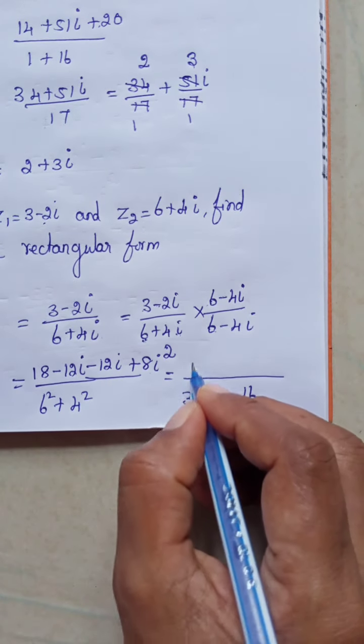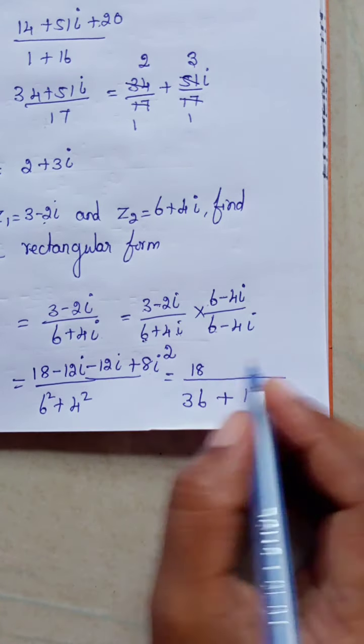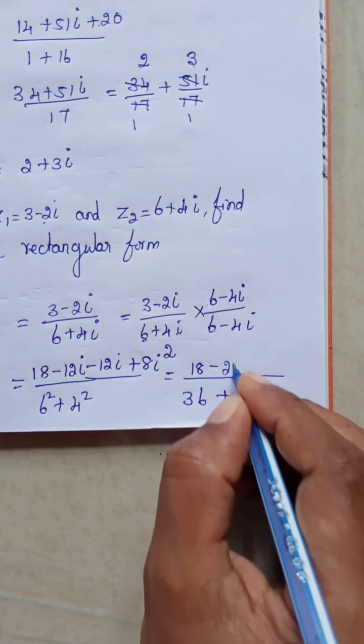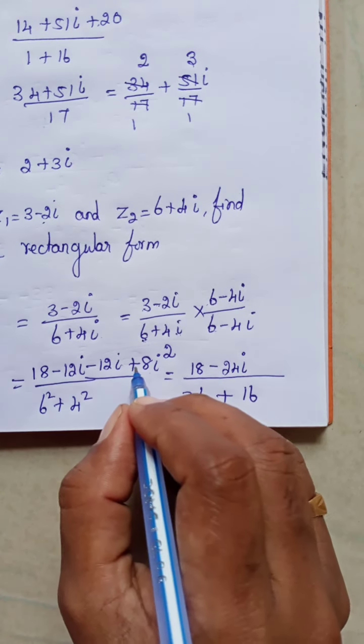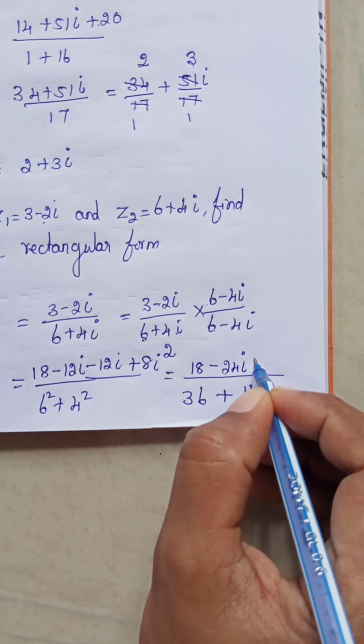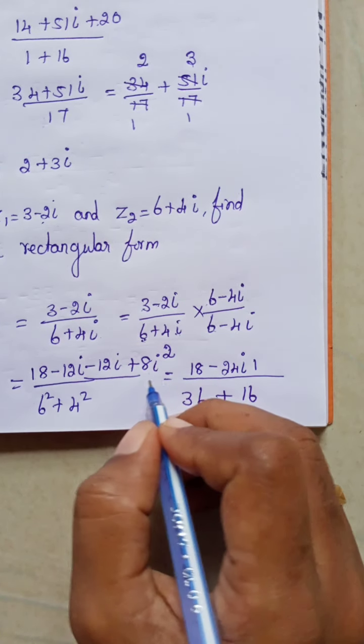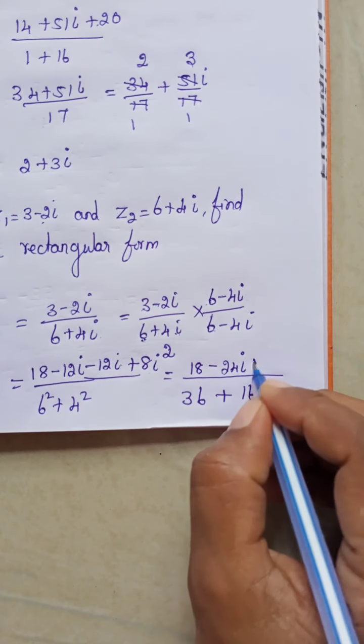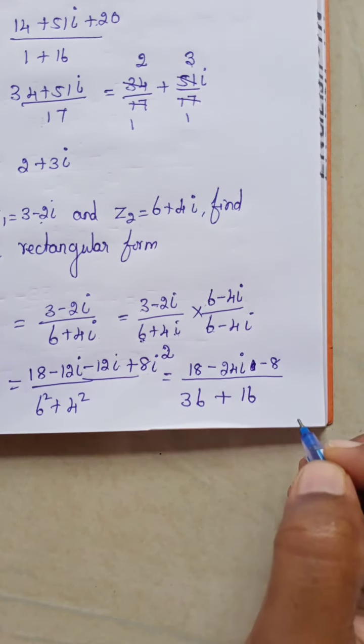Now this is 18 minus 12i, that is minus 24i. This is plus 8i square. Sorry, i square, the value is minus 1. So we will be getting minus 8.